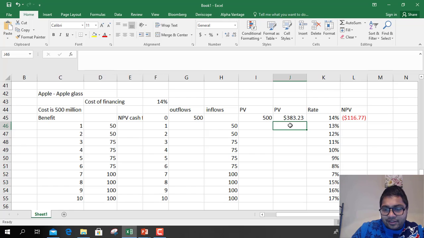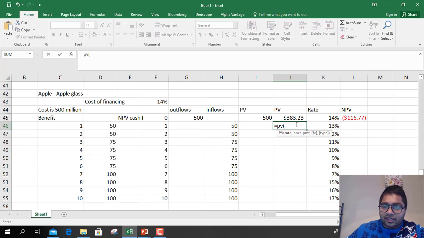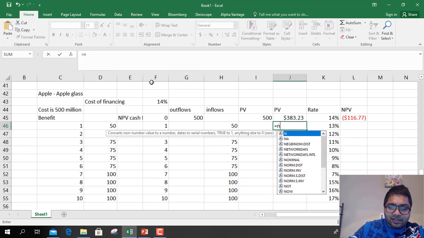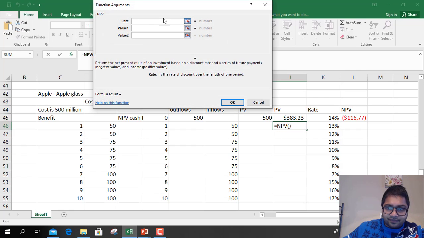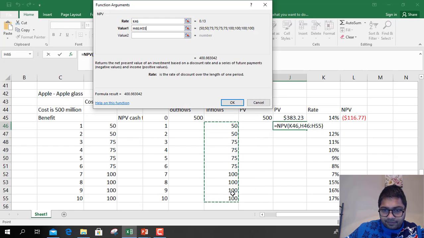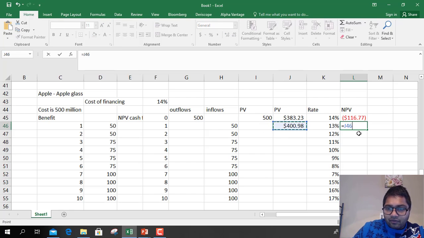depending on different rates. So here the present value depending on 13% will be net present value NPV. The rate is 13%. Cash flows is this one. So NPV will be 400 minus 500.